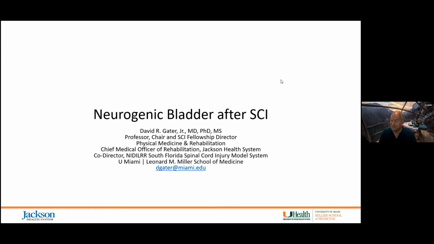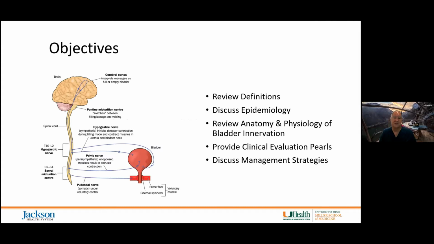So we're going to be speaking about the neurogenic bladder after spinal cord injury. I'll be talking through the definitions for different types of neurological bladder dysfunction. We'll talk through the epidemiology and then obviously the anatomy, physiology, particularly with regard to innervation.